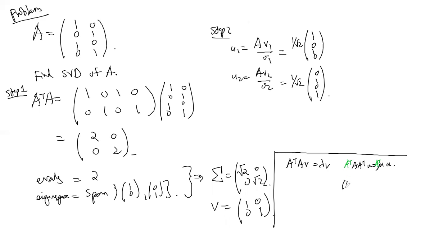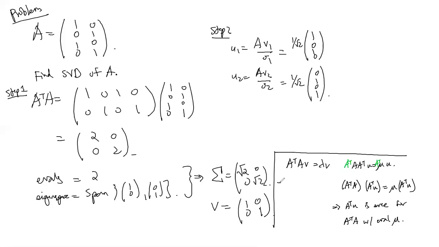Then we get that A transpose U is an eigenvector for A transpose A with eigenvalue mu.